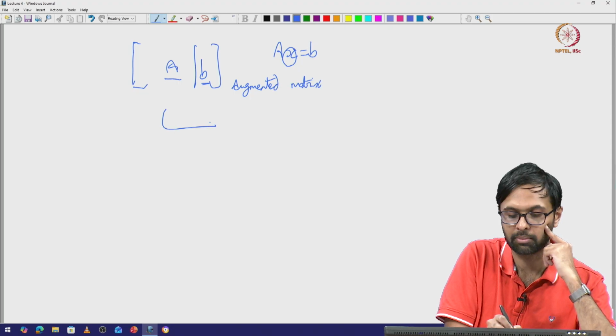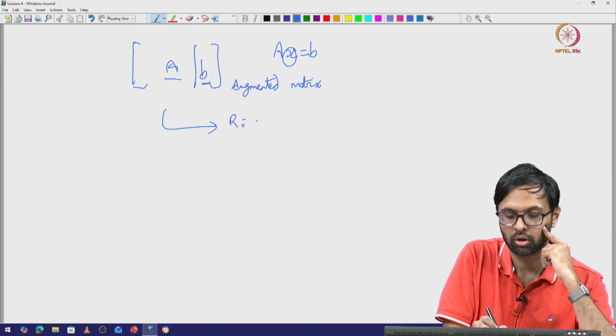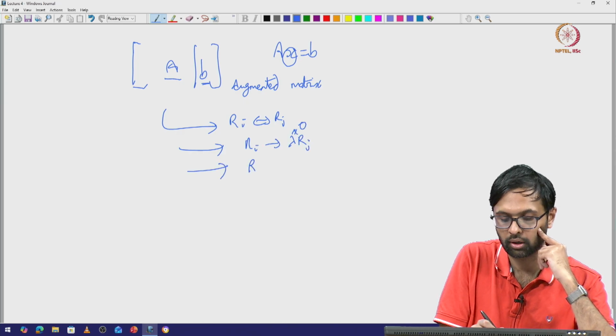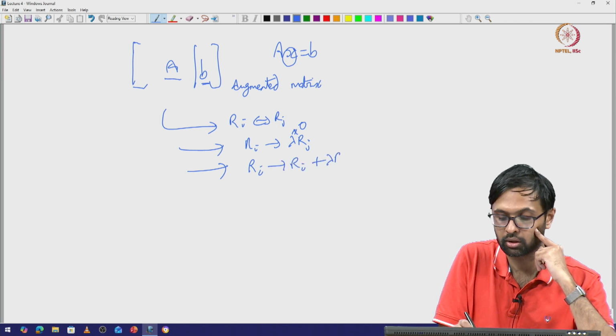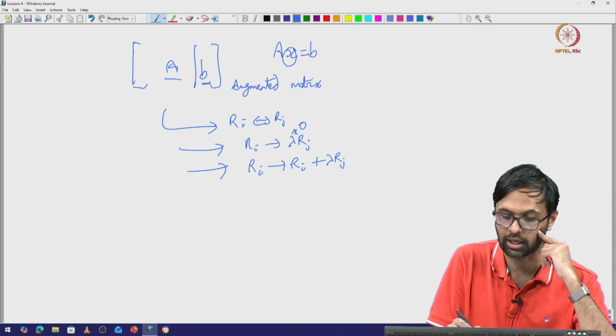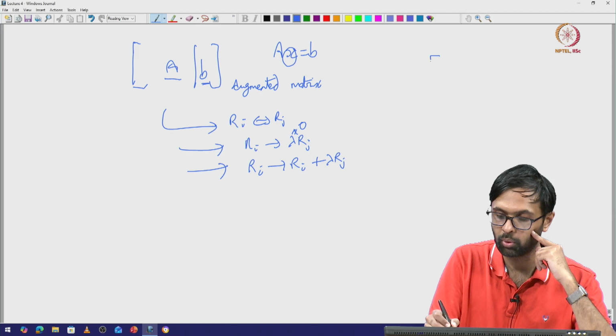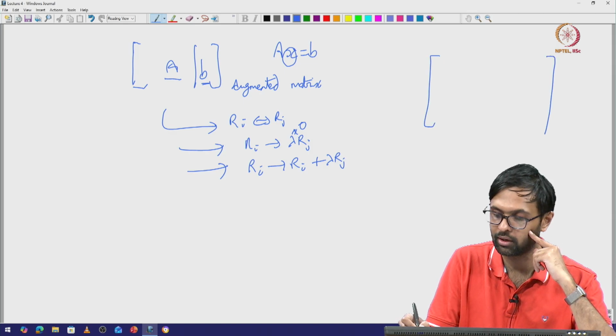By row operations, I mean interchanging rows, or multiplying a row by a non-zero scalar, or adding a row to a multiple of another row. This can be zero also, of course. Using these row operations, we want to bring it to a standard form.